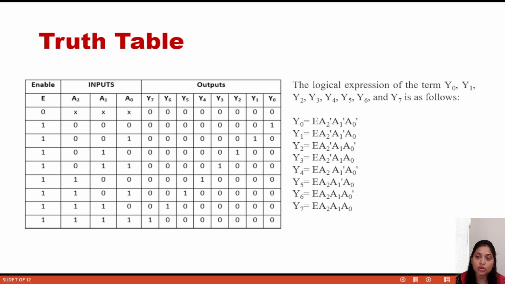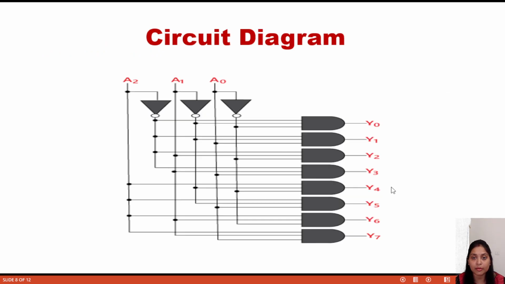Now based on these expressions we will design the circuit diagram. The question will come in any university exam, in any exam, that explain the 3 to 8 decoder with a proper circuit diagram. So here based on the output logical expressions we have designed this circuit diagram.